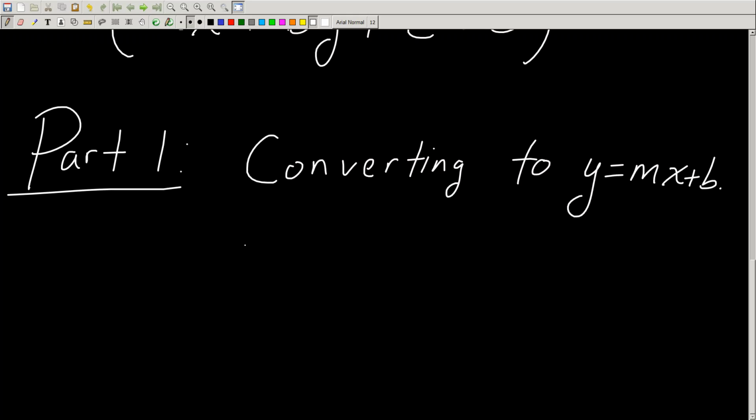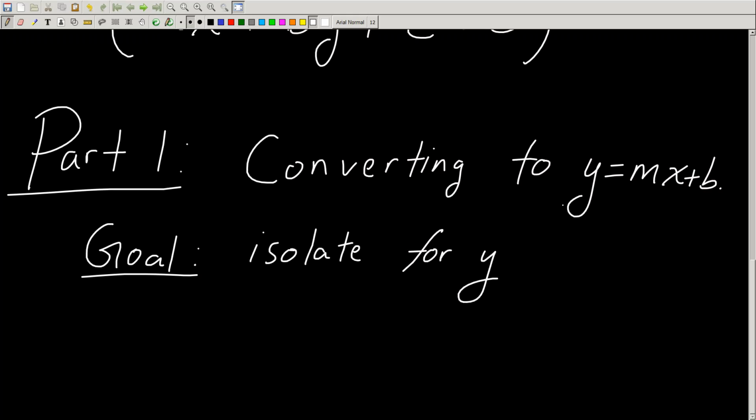Now, folks, when you convert to y equals mx plus b, what this means is you are isolating for y. So you want y by itself. See, y is isolated. So you're going to see a bunch of letters, and what you have to do is isolate for y. Y has to be on its own on one side of the equation.